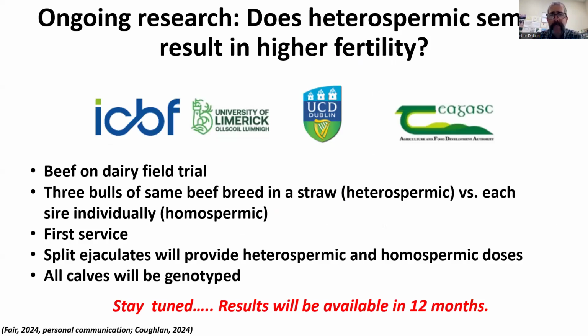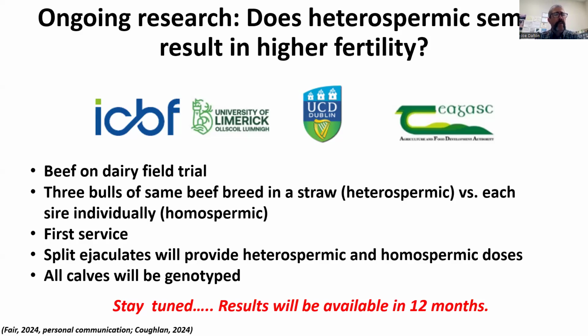This is a collaborative effort between the Irish Cattle Breeders Federation, University of Limerick faculty and graduate students, University College Dublin faculty, graduate students, and Teagasc. They are doing a beef on dairy field trial using 3 bulls of the same beef breed in a straw, that would be their heterospermic doses, versus each sire individually, homospermic doses.